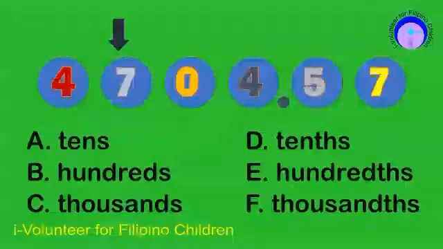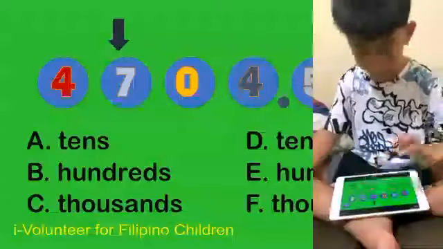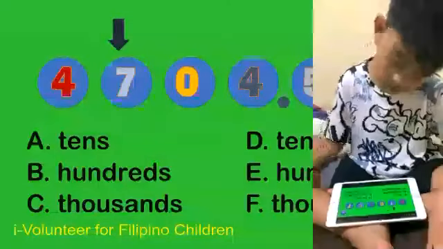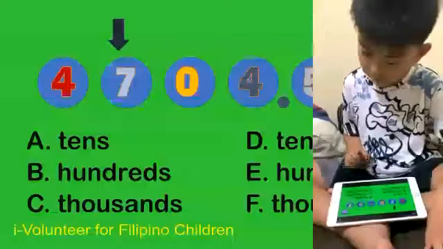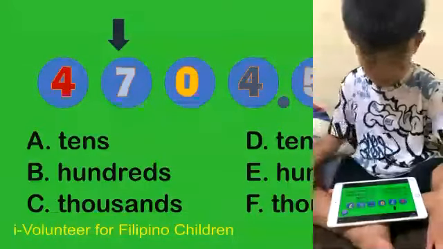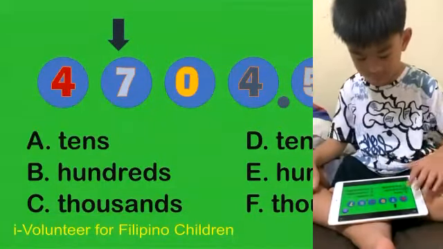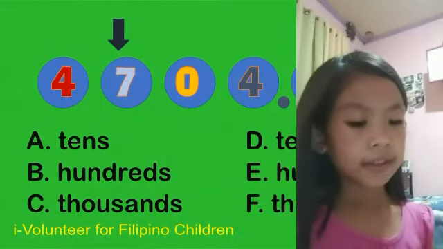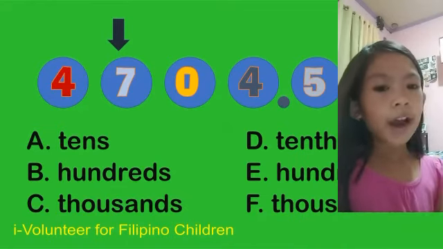What is the place value of digit 7? Can you answer, Arky? The place value of 7 is B. Hundreds. How about you, Josel? 7 is B. Hundreds.